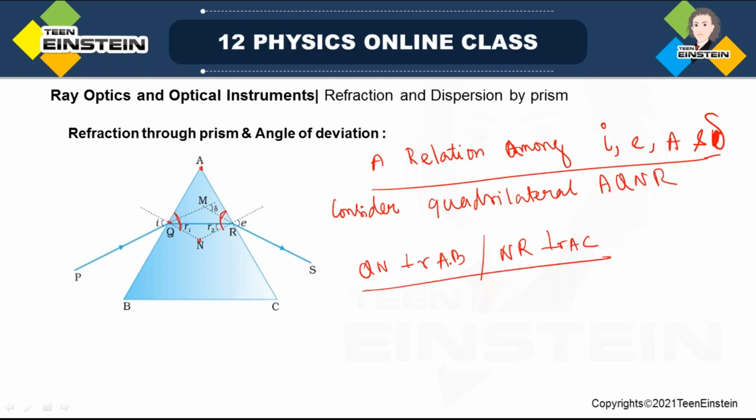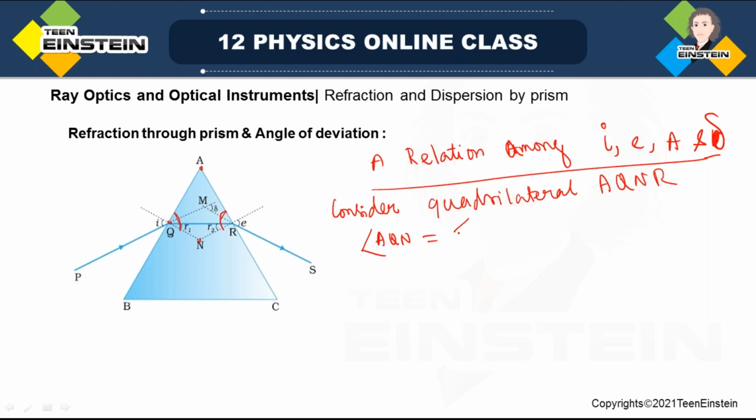So I can write that angle AQN is equal to angle ARN, and both are equal to 90 degrees.